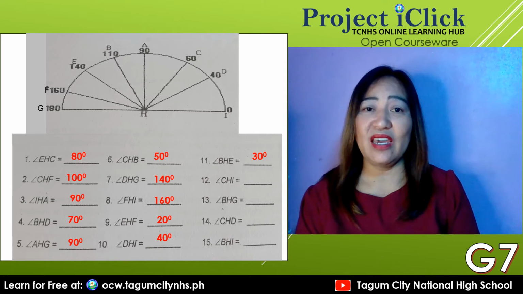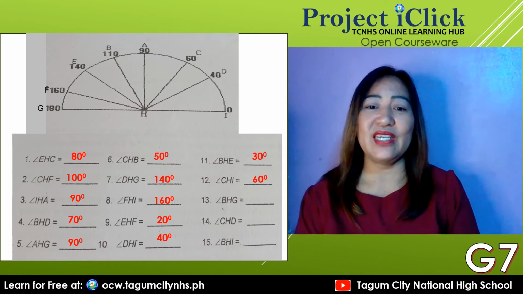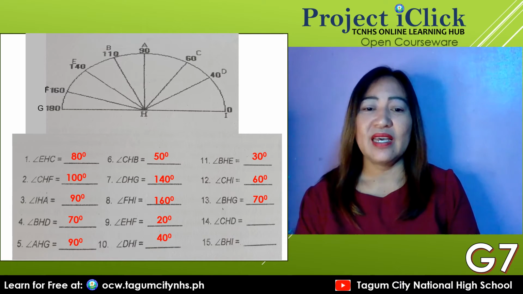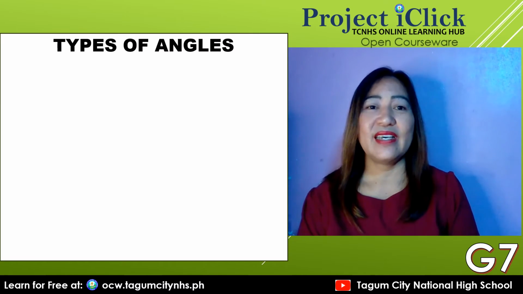Angle CHI measures 60 degrees. Angle BHG measures 70 degrees. Angle CHD measures 20 degrees. And angle BHI measures 110 degrees.